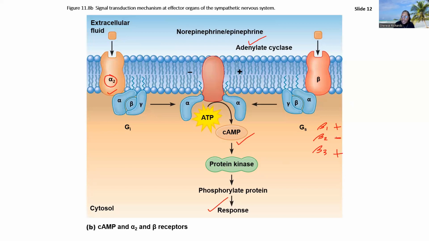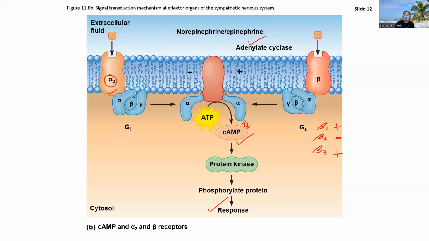Beta-2 is going to be inhibitory in its effect on the tissue. So we don't want to confuse what's happening with the second messenger, whether we are increasing or decreasing second messenger, with what's happening on the tissue. Those are two separate responses: the effect to the second messenger versus the effect to the tissue. So those are two separate things.